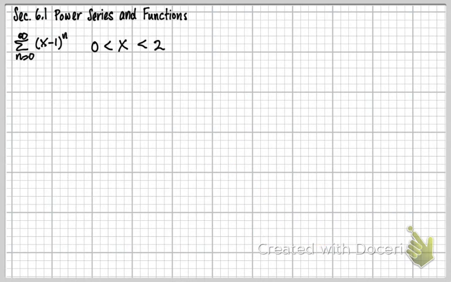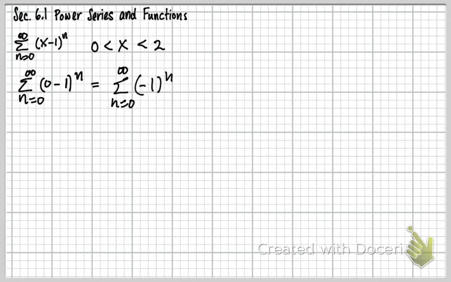So now, let's move on. So now we got to test these end values. So I'm going to plug in 0 for x. So that's really just going to be 0 minus 1 to the n. And that really just equals the sum from n equals 0 to infinity of -1 to the n.